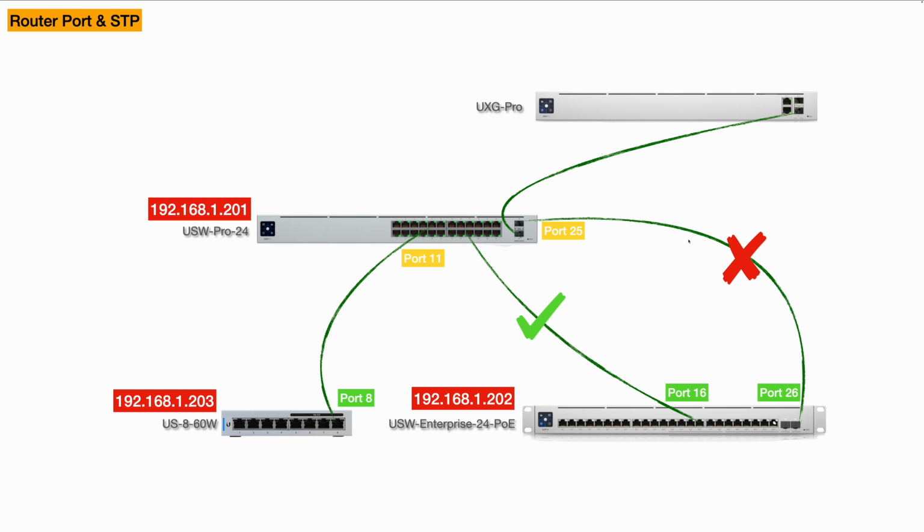But if I simulate a disconnect for this link, I manually unplug the cable, this link should become active automatically thanks to STP, right? Then let's see whether our router port will be automatically reconfigured. So let me manually unplug this cable.